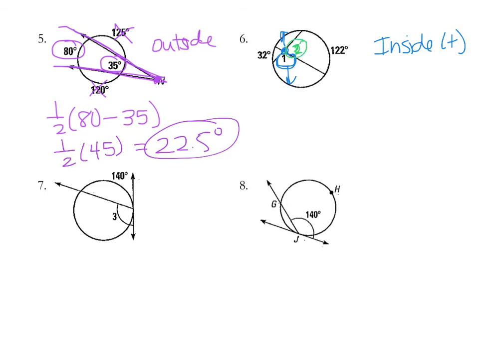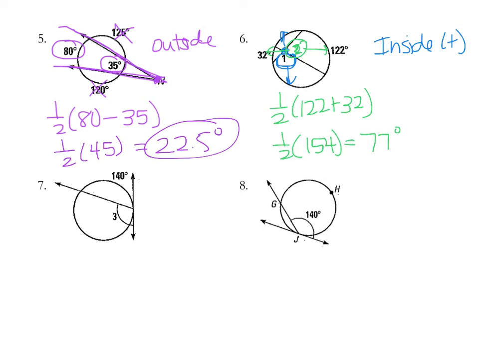We're actually going to have to find this angle first. So we do know the ones across from there, and it's still inside. So I can do 1/2 of 122 plus 32, which is 1/2 of 54. And then you get 77 degrees.